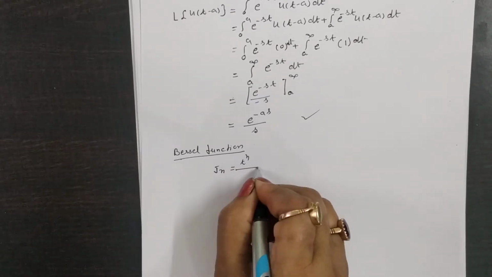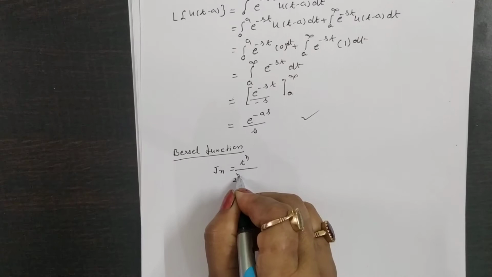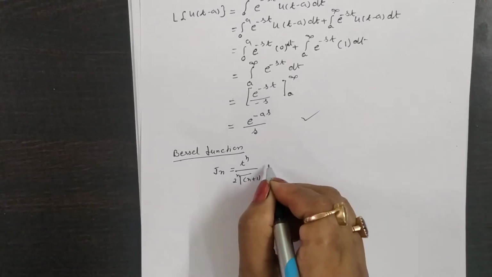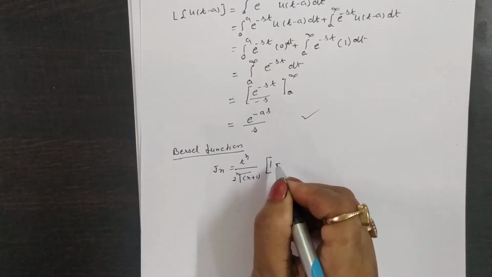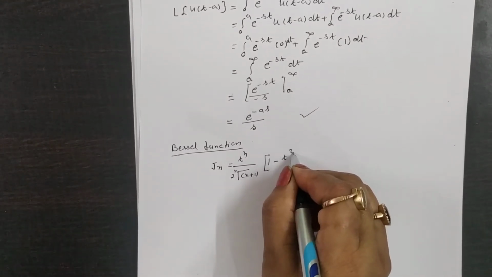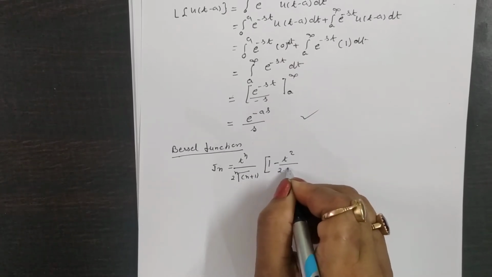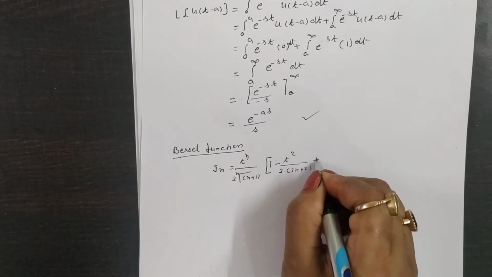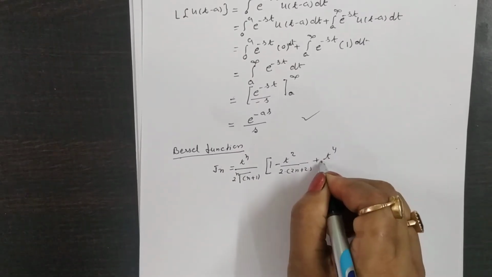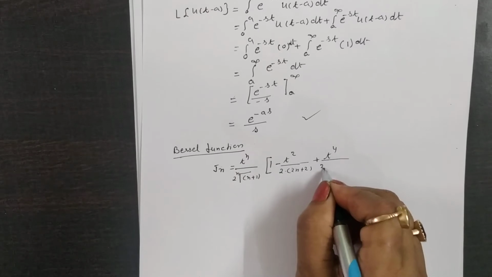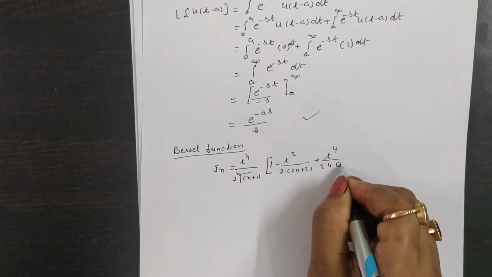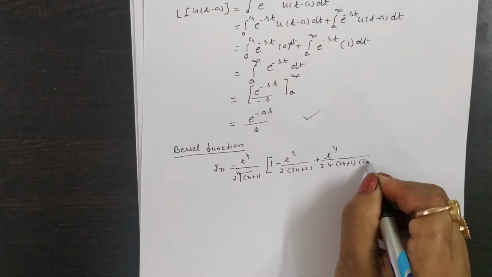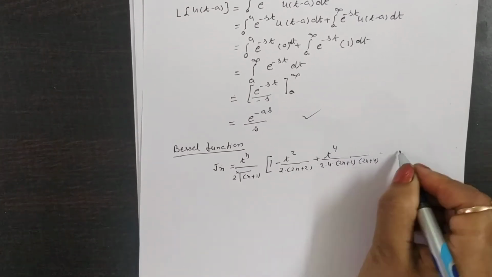t to the power n divided by 2 to the power n gamma of n plus 1, minus t square by 2 times (2n plus 2), plus t to the power 4 divided by 2 into 4 into (2n plus 2) and (2n plus 4), and so on.